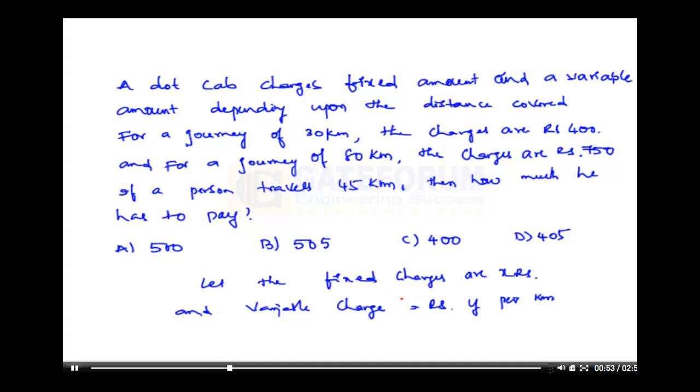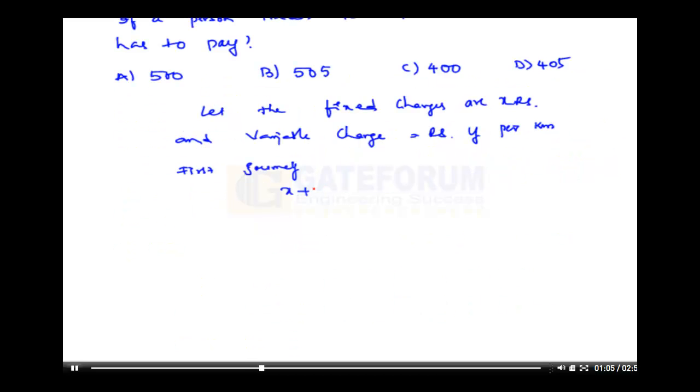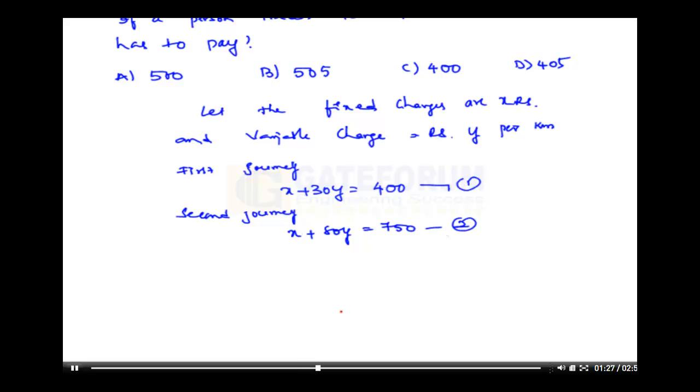Coming to the first journey, he traveled 30 kilometers and paid 400 rupees. So x plus 30y can be given as 400. In the second journey, he traveled 80 kilometers and paid 750 rupees. So x plus 80y can be written as 750. This is equation 1 and this is equation number 2.